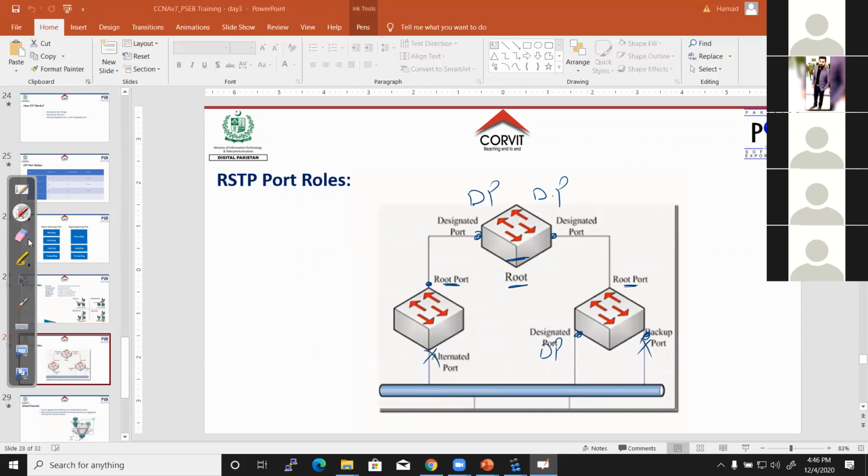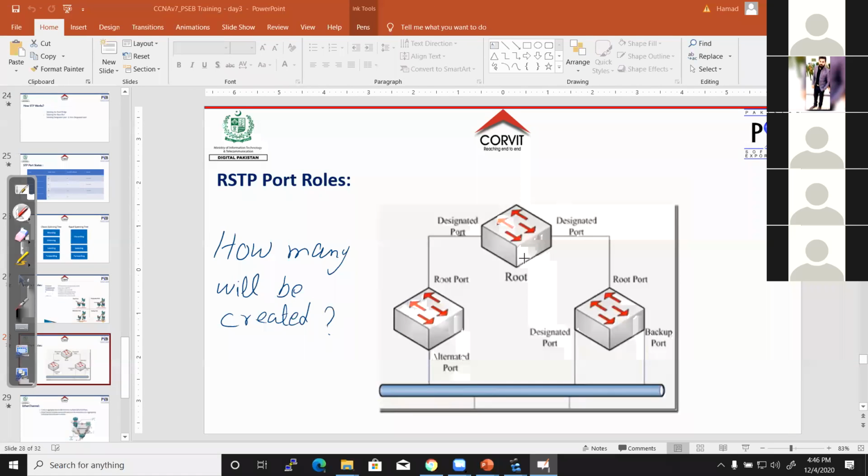Why are two ports in the block state? Because if you see this diagram, how many loops will occur in this topology? Can you please tell me how many loops will be created in this topology? And this is the shared medium.